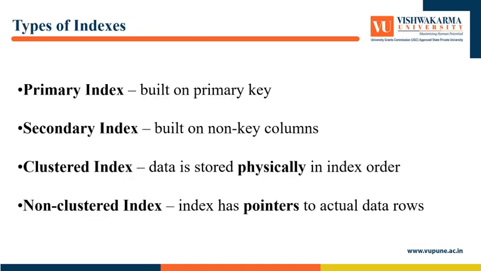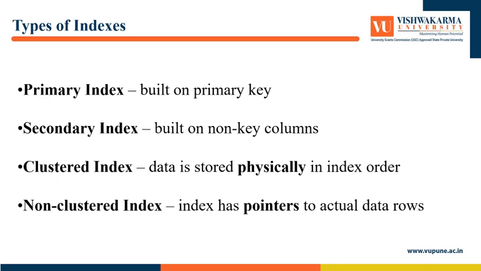There are different types of indexes. Let me explain the four main ones. Primary index. This is created on the primary key column like an ID. Secondary index. This is on the non-primary columns like name or age. Third is a clustered index. Here the actual data is stored in the same order as the index.